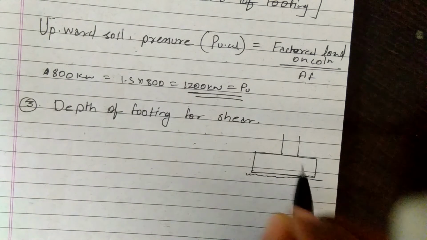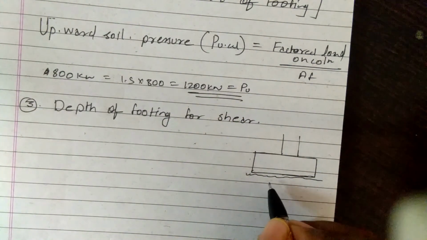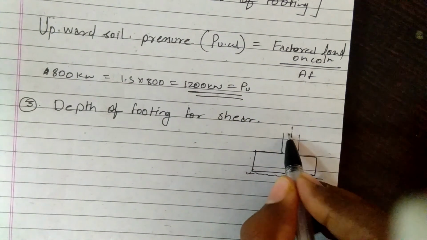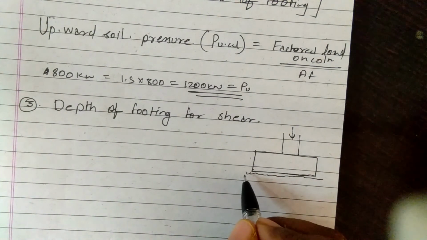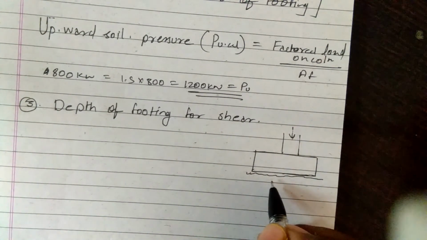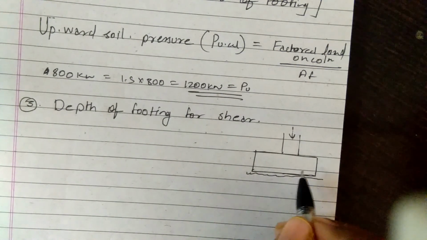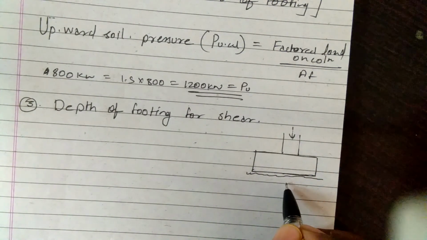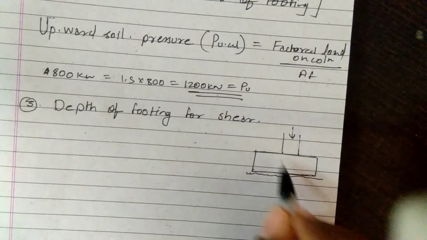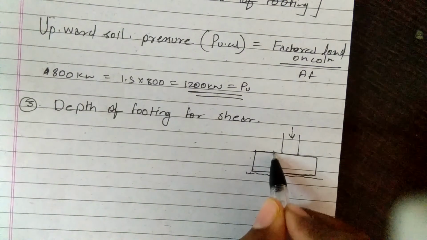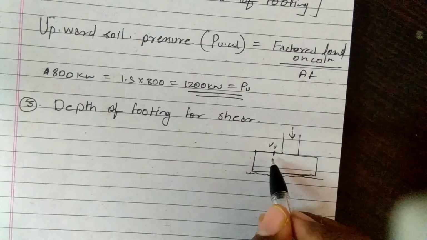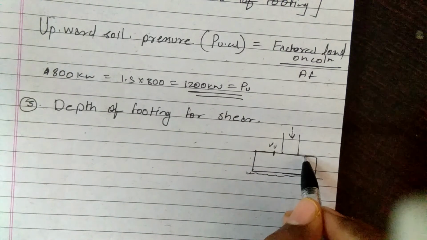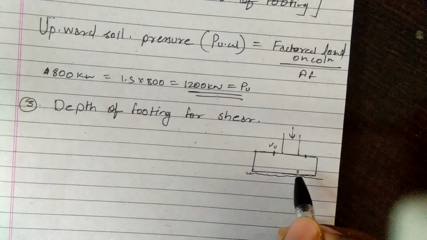While distributing the load, if the top load is more than the bearing capacity of the soil, it will have settlement. And if not, the upward soil pressure will cover up, and at that particular time it will create a shear force, one way or two way shear.